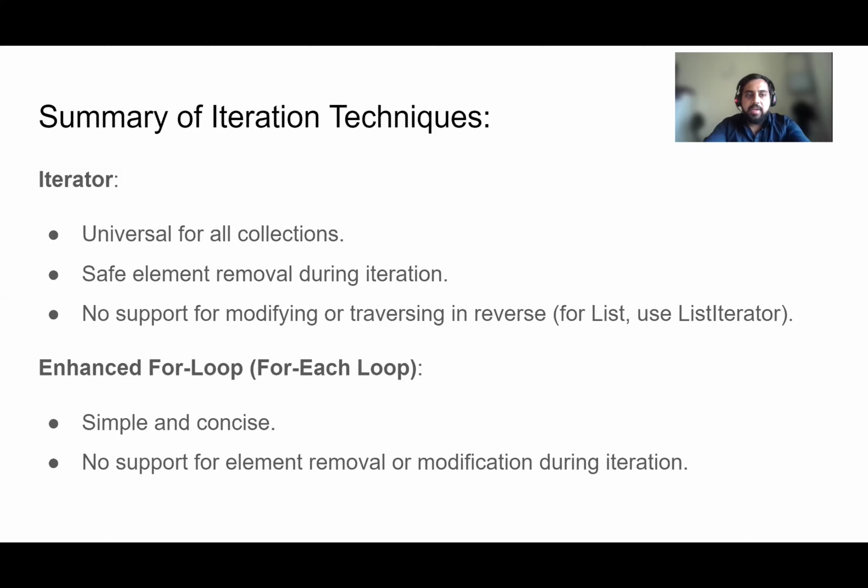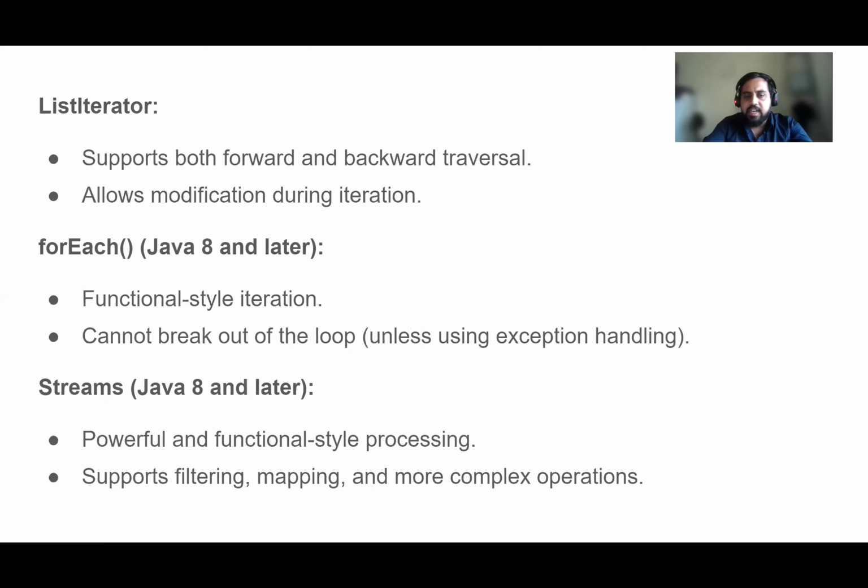So let's see a summary. Iterator is universal for all collections, with safe element removal during an iteration, but no support for modifying or traversing in reverse. For lists, we can use a ListIterator. The enhanced for loop, or for-each loop, is a simple and concise way, but has no support for element removal or modification during an iteration.